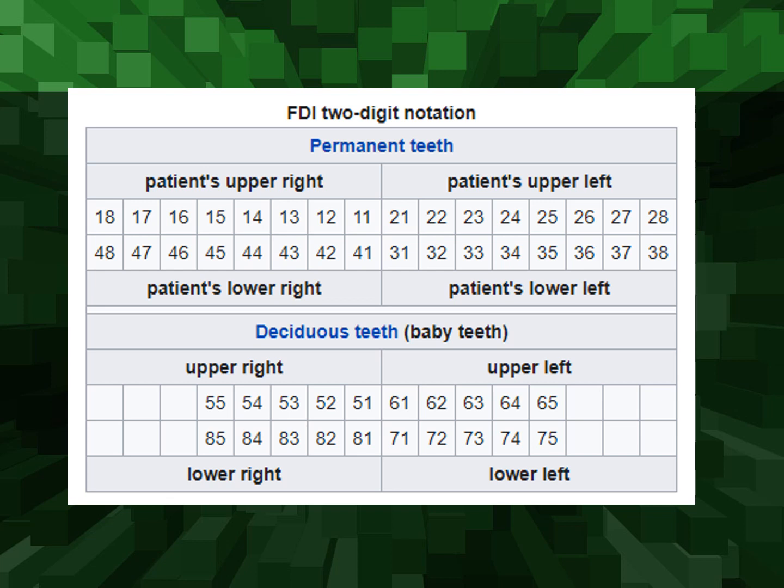And now let's look at the table of the FDI two-digit notation system. Principles of this system.